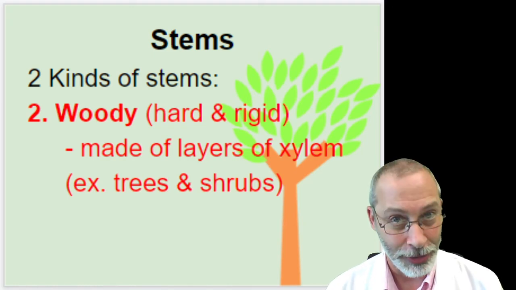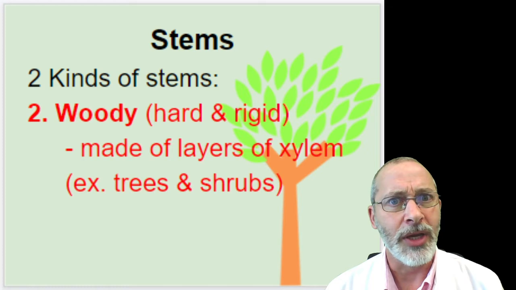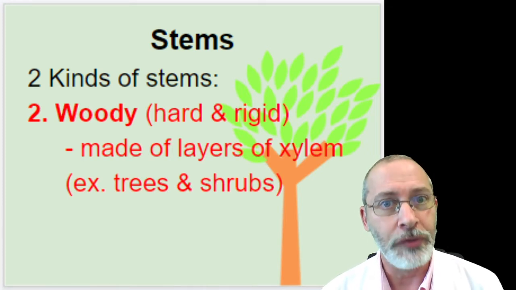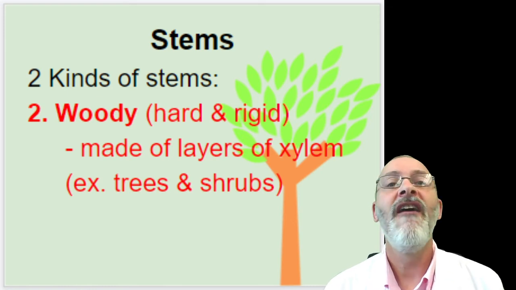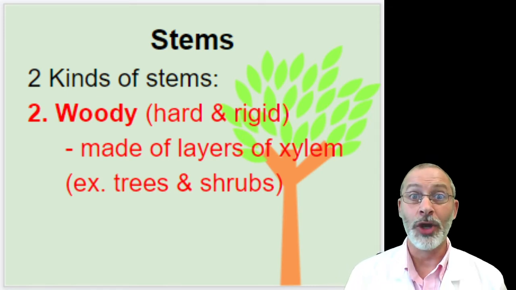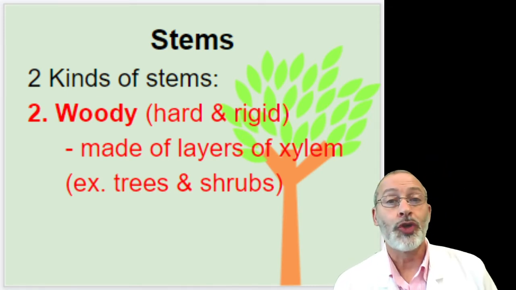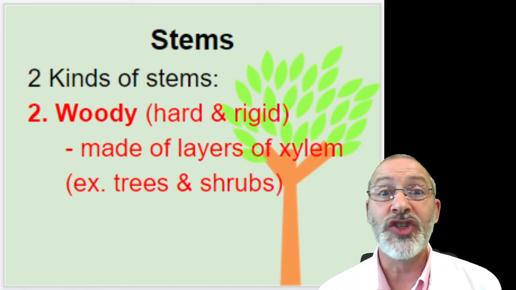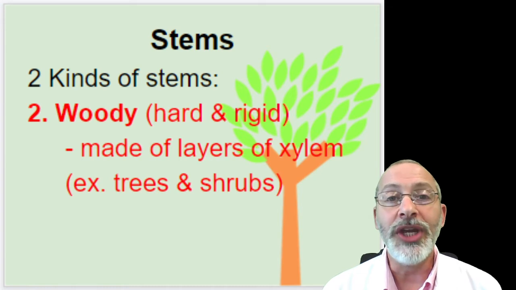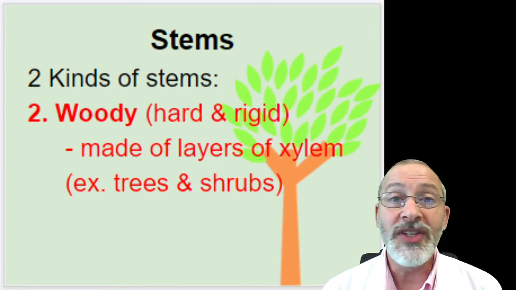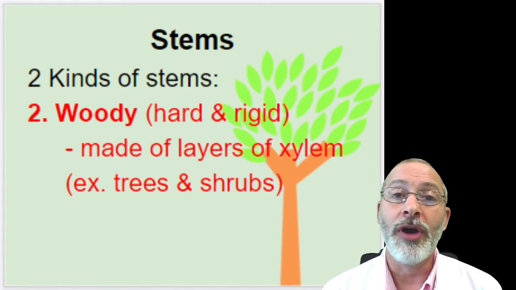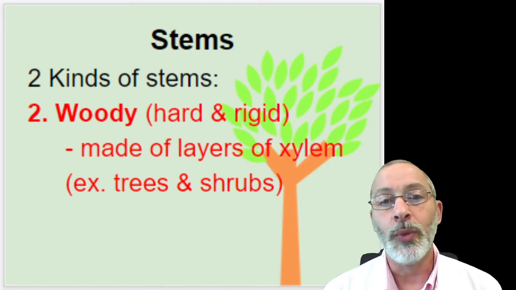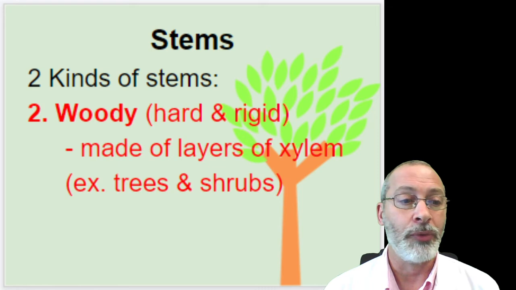Water and minerals. What does food flow through? Food flows through phloem. You'll need to know that for the quiz. Trees and shrubs, anything that you would have to cut down with a saw, has a woody stem. Woody stems are great for firewood, perhaps, but woody stems are hard and rigid.